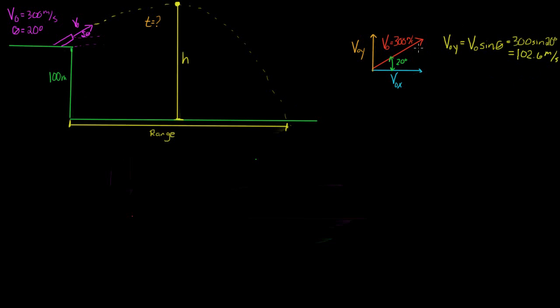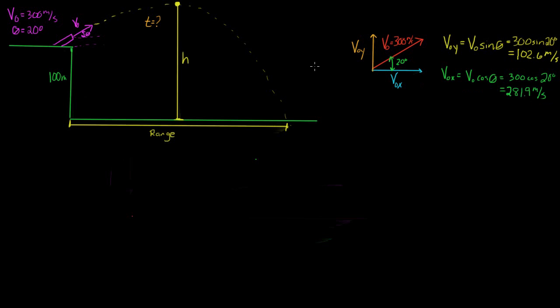And if we do the same thing for our initial velocity in the x direction, we have an initial velocity in the x direction equal to v naught times cosine of theta, and so 300 times the cosine of 20 degrees, and this is equal to 281.9 meters per second.